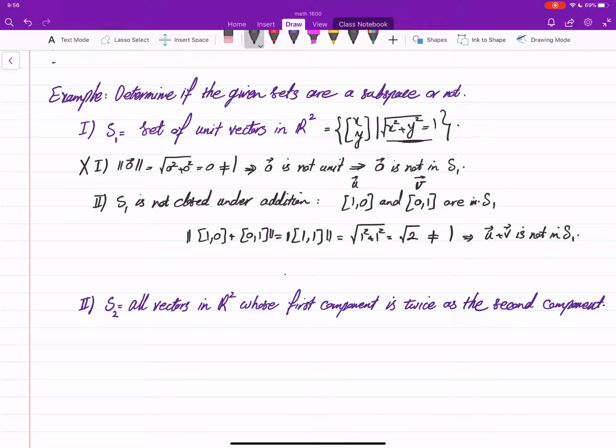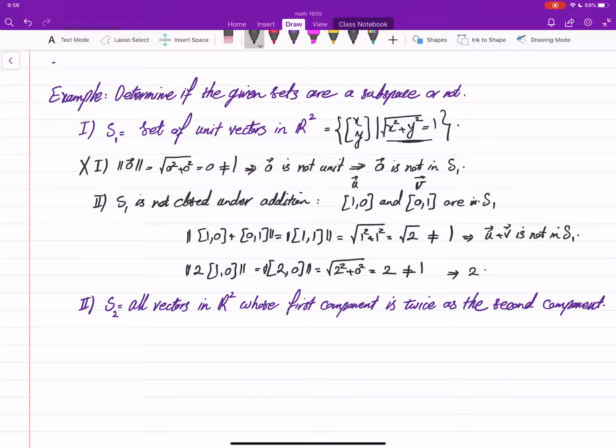When we added, it was outside S1, so it is not closed under addition. And for the scalar multiplication, for example, you multiply 2 to one of these vectors, you see that the length of this vector, which is (2, 0), is 2 squared plus 0 squared, and this is 4, and obviously it's not 1.